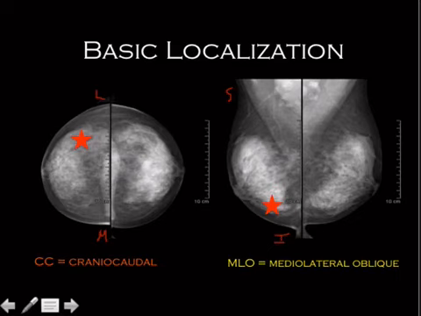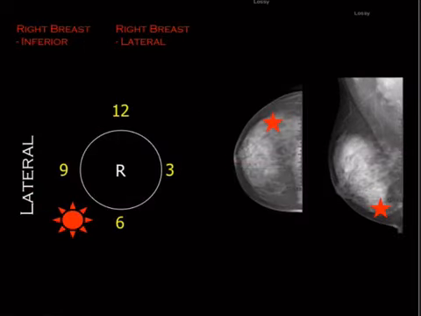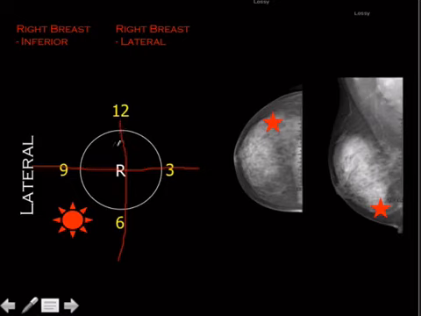So in the right breast, laterally, and in the right breast, inferiorly, we have a lesion. If we think back to our clock face, that is going to be inferior, below the equator, and lateral. So we're involving this right here. It's going to be around 7 o'clock-ish. 7 or 8 o'clock would be a fair enough wager.